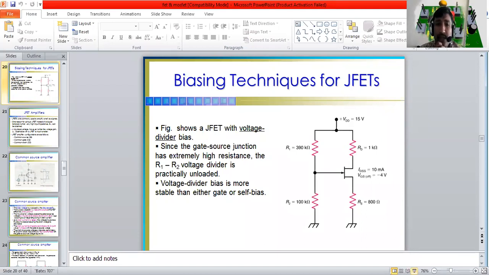One of the reasons for using JFET instead of a bipolar junction transistor is its very high input impedance. Why are we going for the JFET as an amplifier instead of the BJT? Because of the very high input impedance, that is Zi.